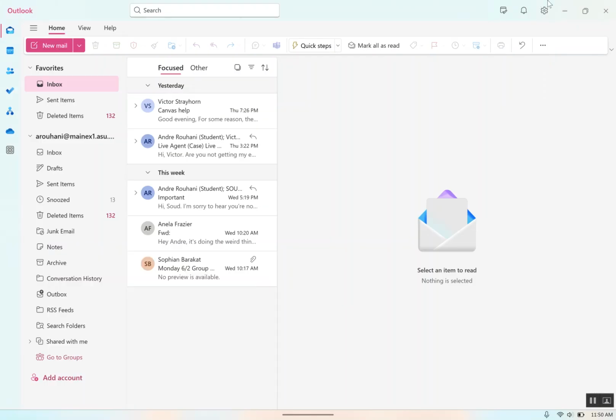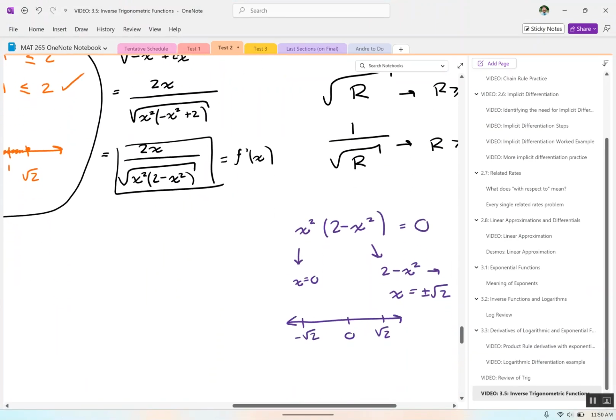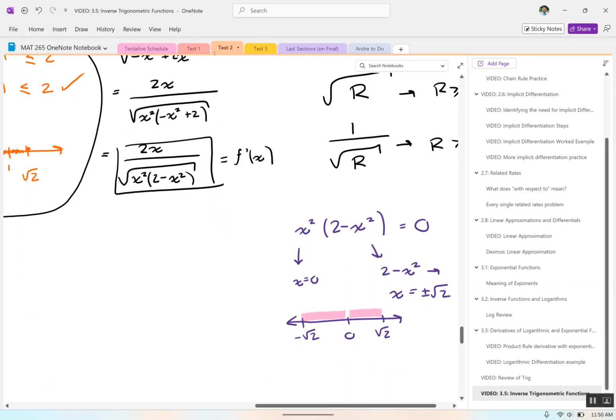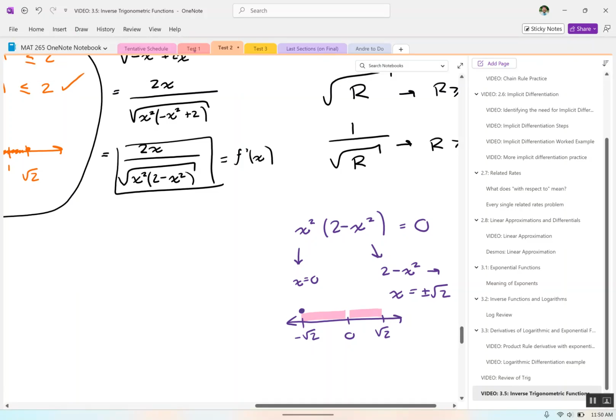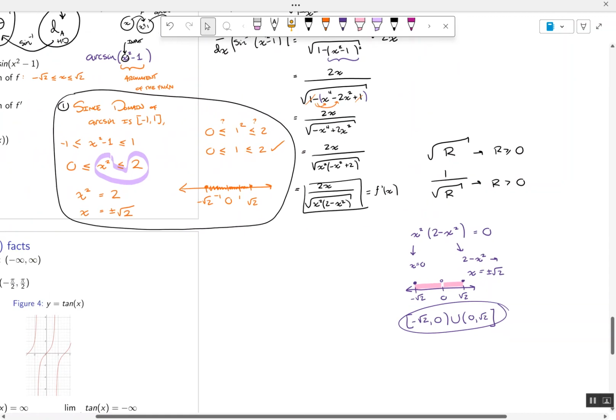So it looks like we want all of these and all of those. So from here to there to there. So we can say from negative root 2 to 0, union 0 to root 2. And this is my part 3.